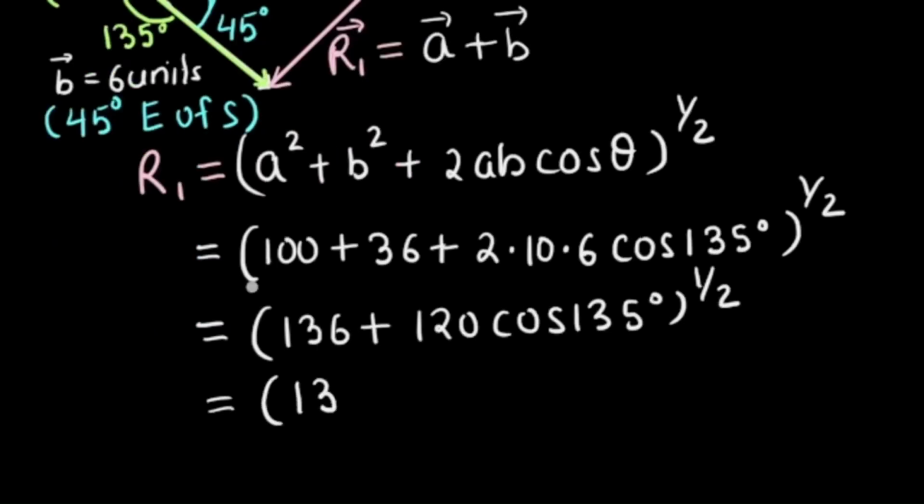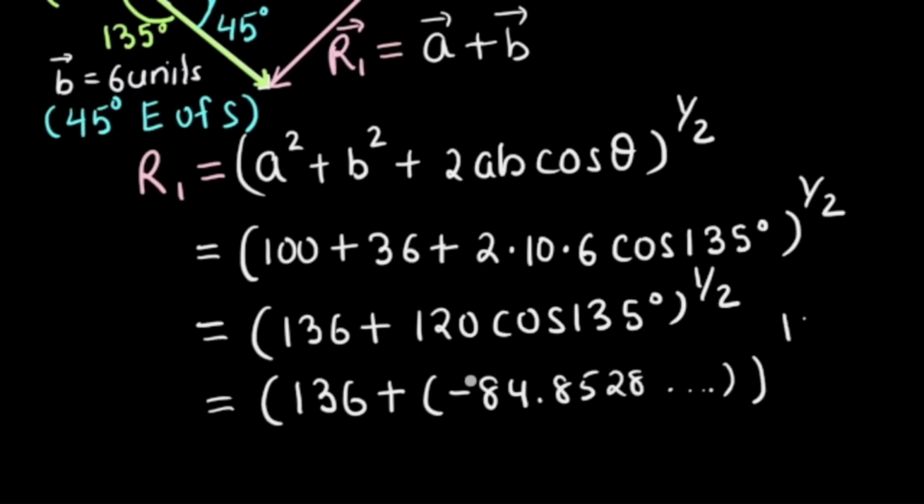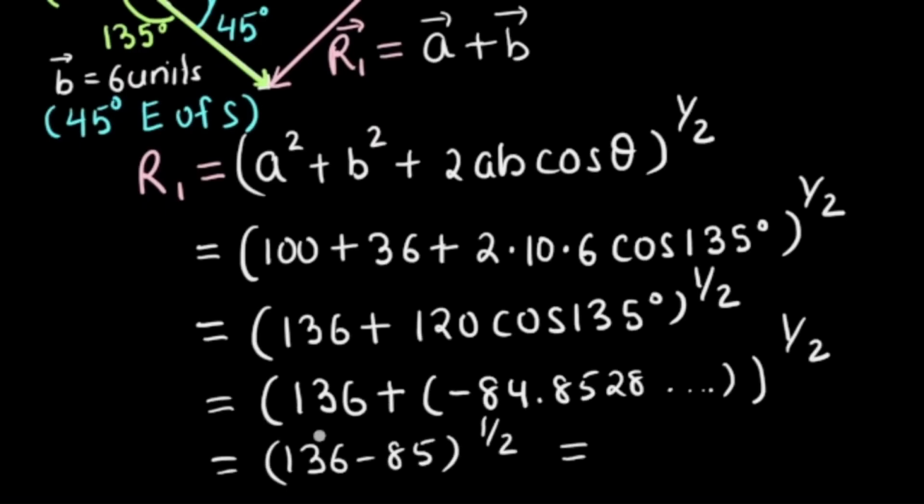So we get 136 plus 120 times cosine 135 degrees. This is equal to minus 84.8528, and it keeps on going, parentheses closed, to the power 1/2. I'll make this equal to 136 minus 85 to the power 1/2. What does this give?